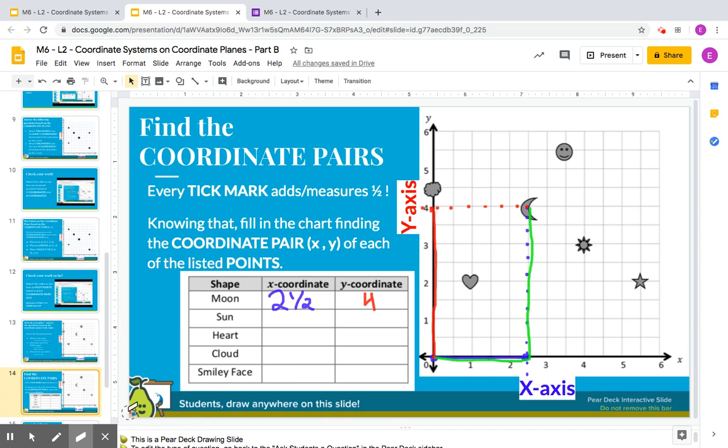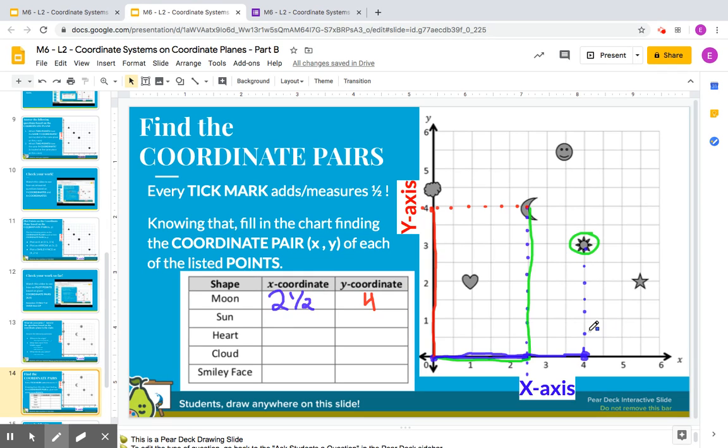Okay, let's take a look at the next shape, which is our sun. Our sun is right here. We always start over and then up. So let's check. Start at 0, 1/2, 1, 1.5, 2, 2.5, 3, 3.5, 4. Let's double check, see if it lines up.